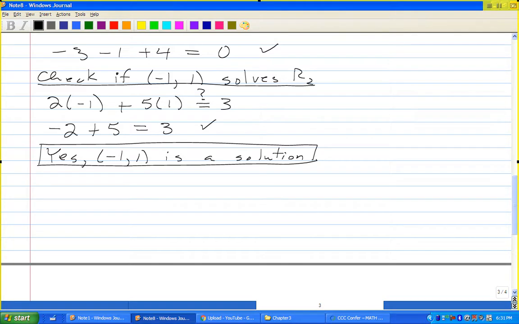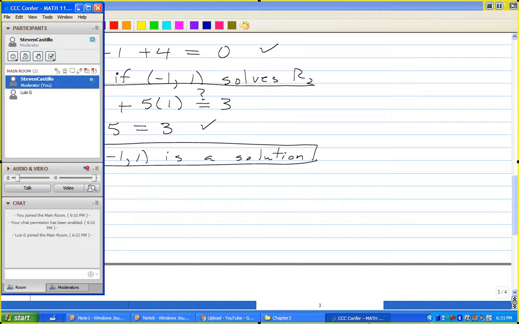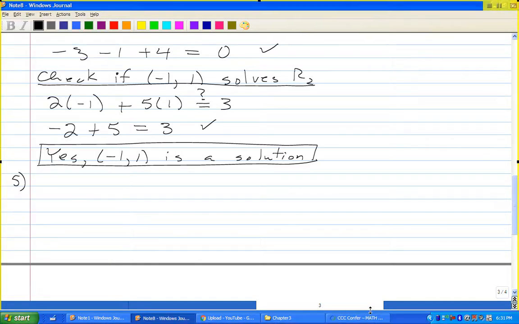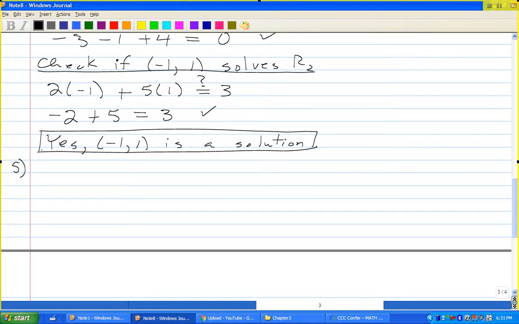Let me do problem number 5. Let's call the first equation R1: negative 2x plus 5y equals 1. Call the second equation R2: 2x minus 4y equals 3.